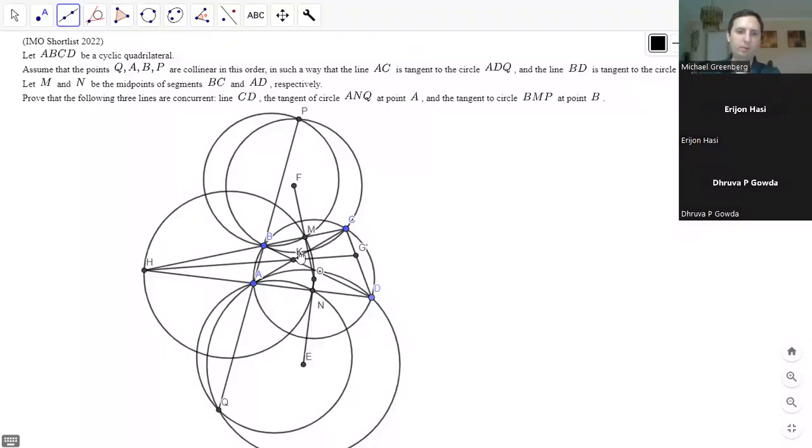Since M and N are midpoints, we know that BKC and AKD are similar, and M corresponds to N, so that gives us a lot of information. So in fact, I think ABMN might be cyclic, because oh no, that's not true necessarily.